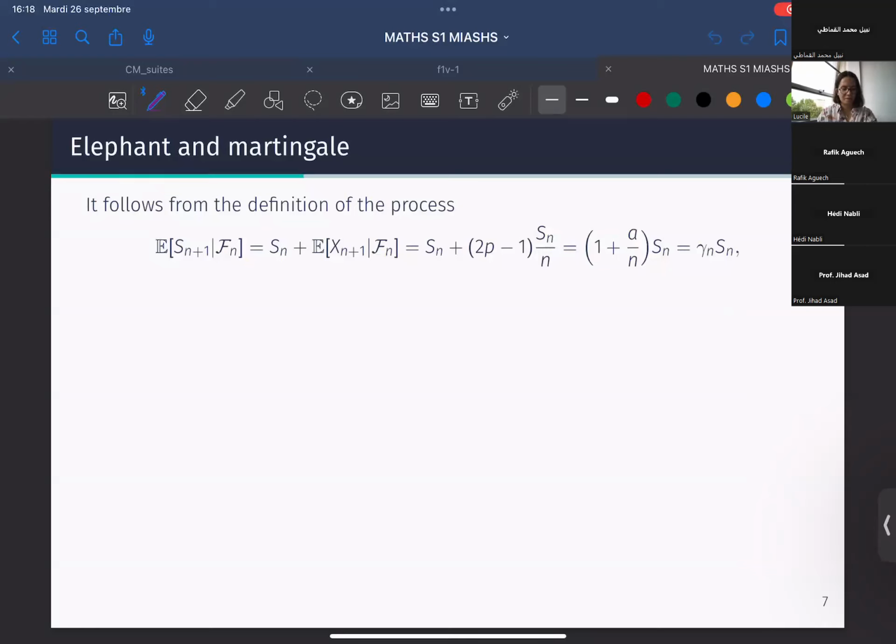So when we compute the conditional expectation of the position at time n+1 when all the past is given, we find that it only depends on the position at time n, and on a constant depending on n.